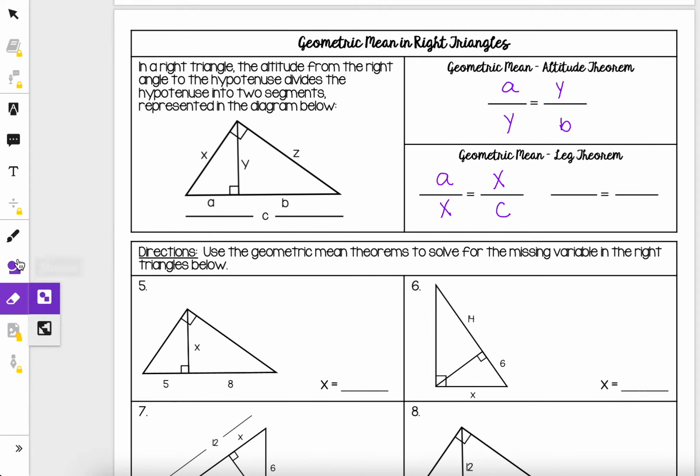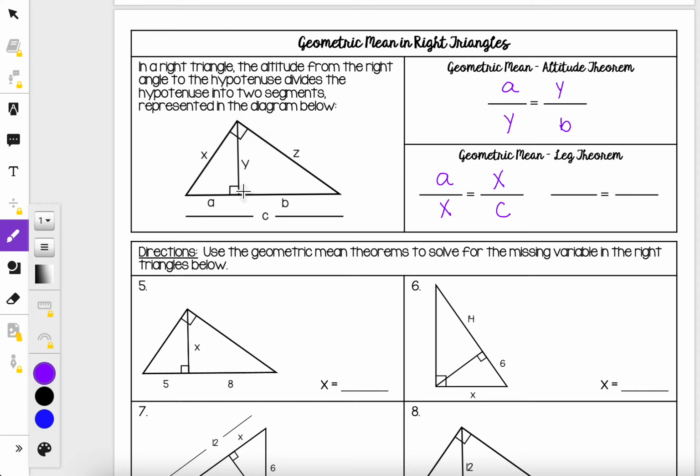All right. I can do the same thing with the larger right triangle inside. So if I look over here, B is the long leg.